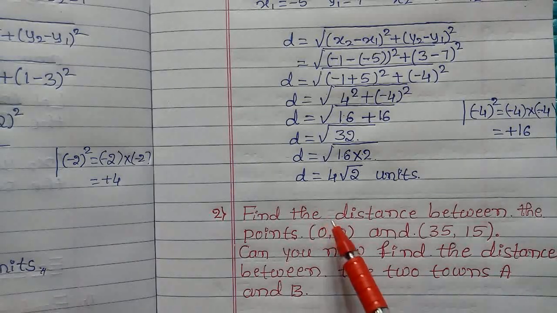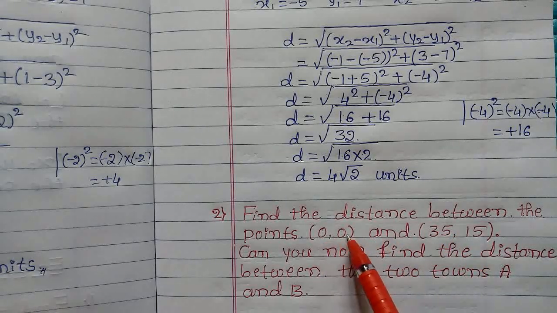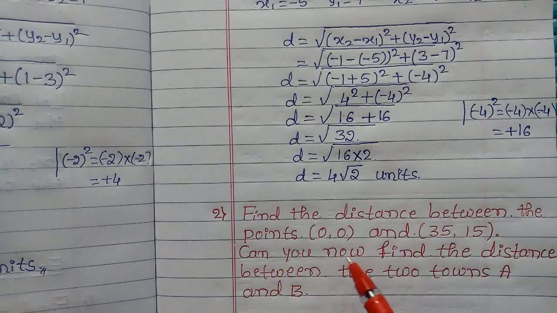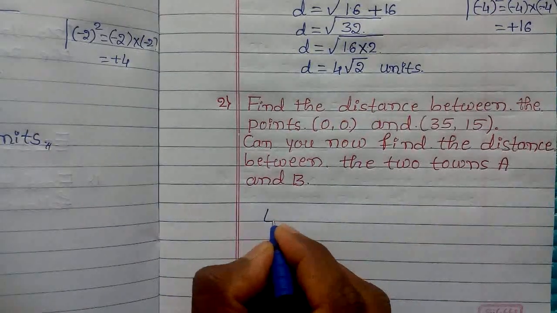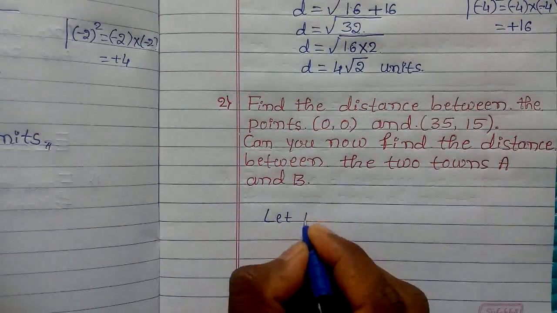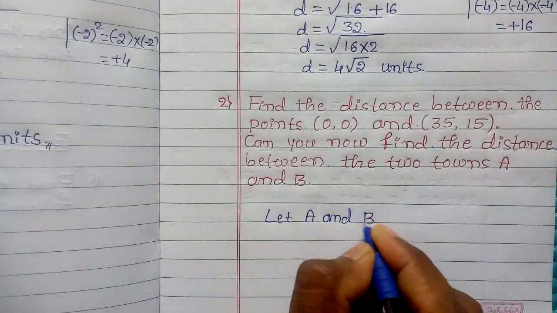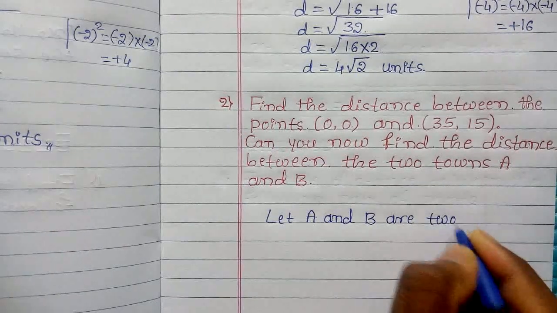Here they are given two points, the first one (0, 0) and (35, 15). Then they asked us, can you now find the distance between the two towns A and B? Here let A and B are two towns.